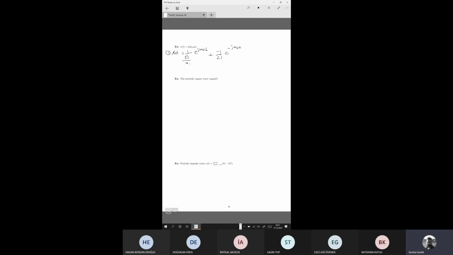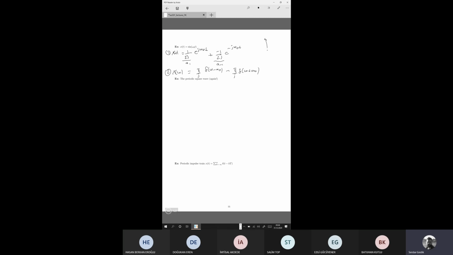This is, of course, a1. This is, of course, a−1. So X(ω) is simply π/j impulse(ω − ω0) minus π/j impulse(ω + ω0).